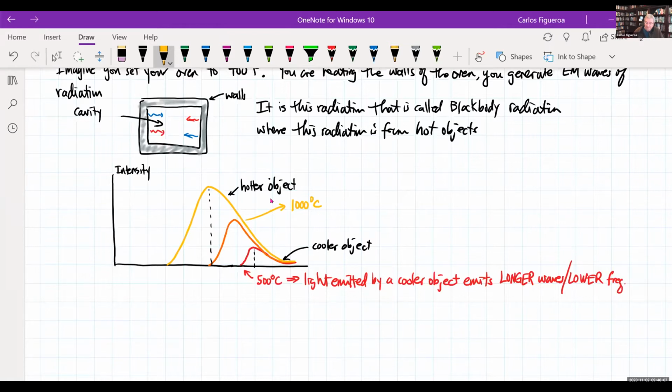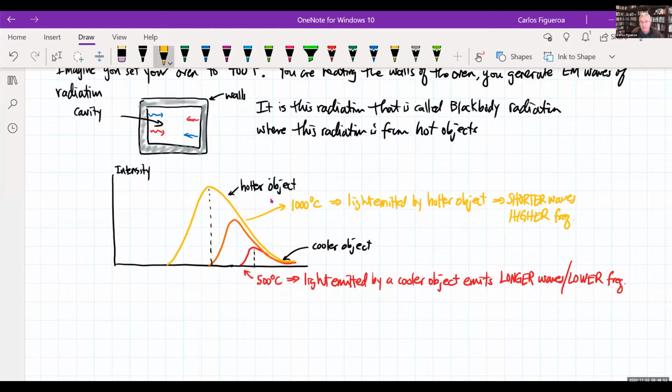Okay, so when I look at this yellow here, let's say this is 1,000 degrees C. So this guy tells me that the light emitted by a hotter object has shorter wavelengths or shorter waves, and it has higher frequency.